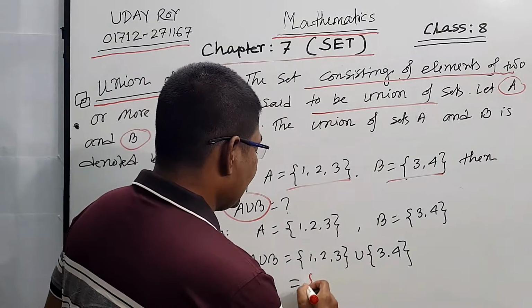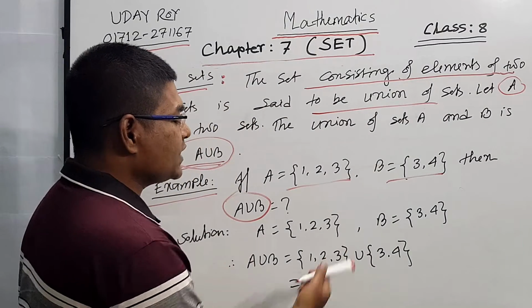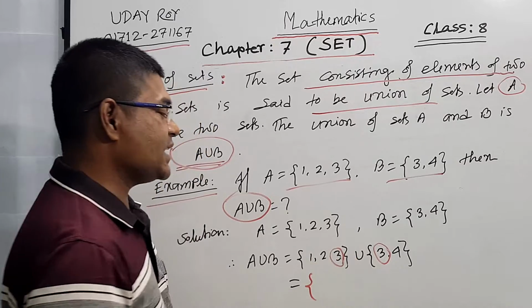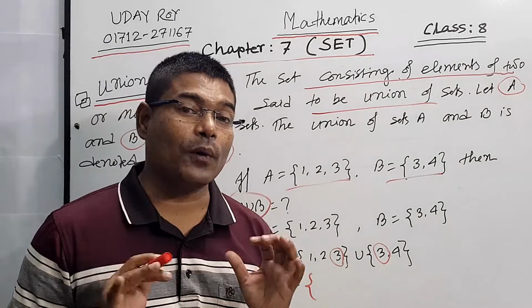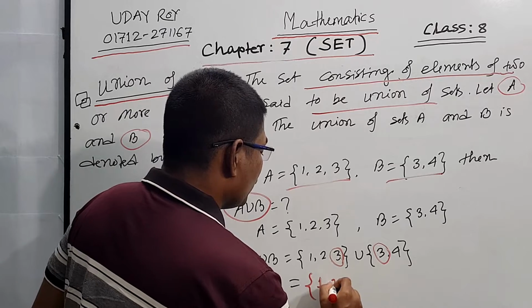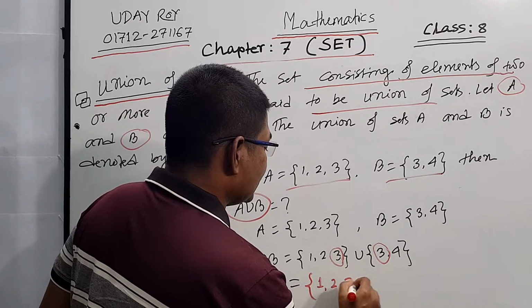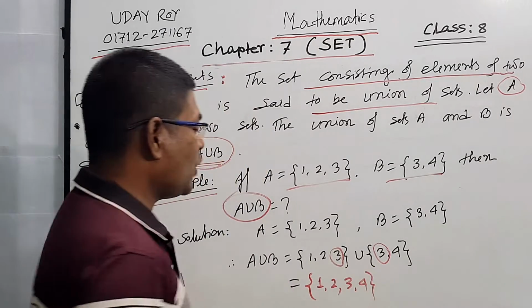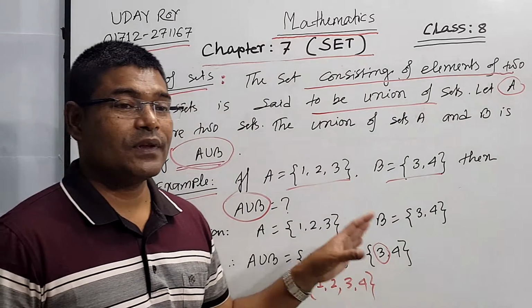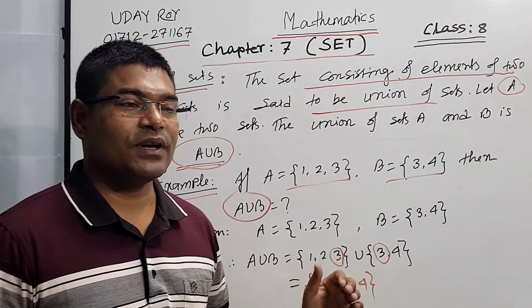Here is 1, 2, 3. The common one is only 3. We have to write common and uncommon. So the uncommon are 1, 2, the common is only 3, and the uncommon is 4. So we have got the union.